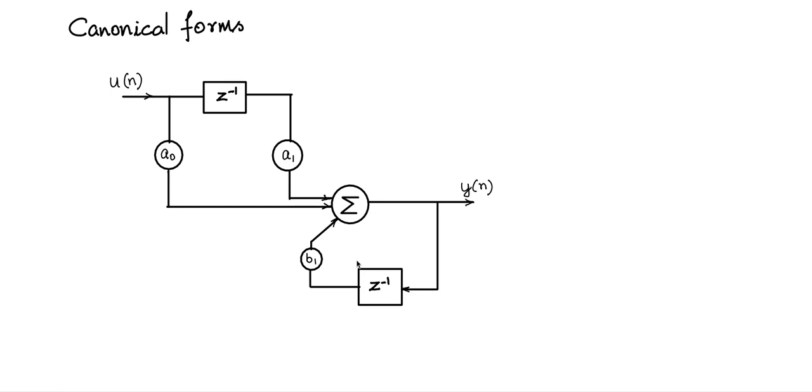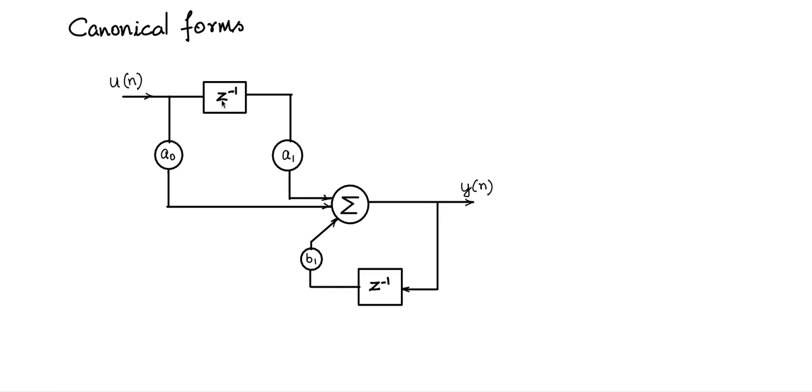When you say first order, it means that there should be only one energy storage element. But here you have two energy storage elements. So how can it be first order? Is it second order? That is the question. But actually this is first order. You need only one energy storage element.